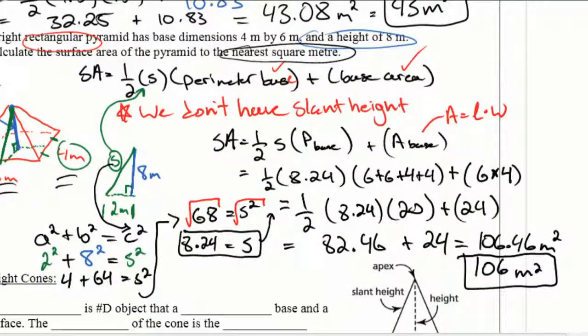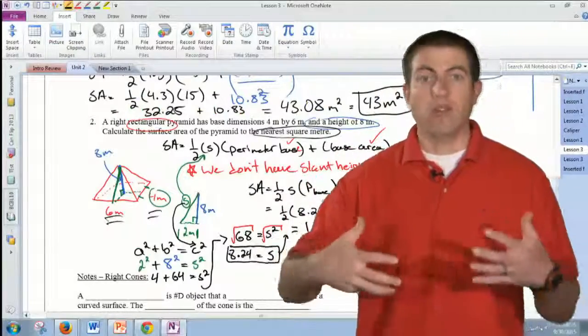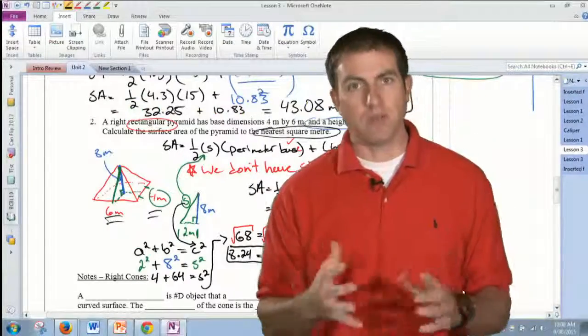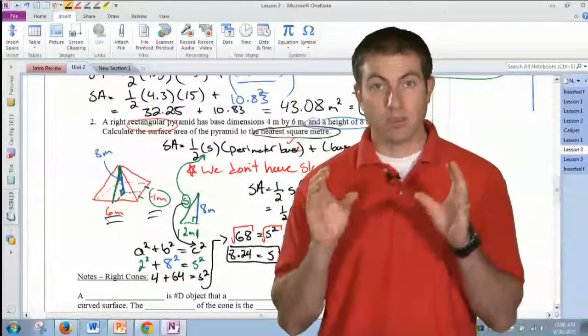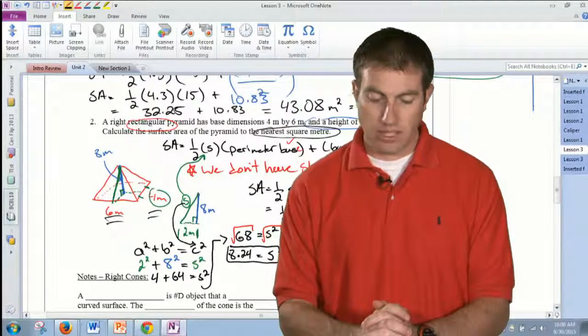There you go. Again, it's a lot of stuff, but all things you've done before. So if you can just break it into small pieces, you shouldn't have too much difficulty with this stuff.